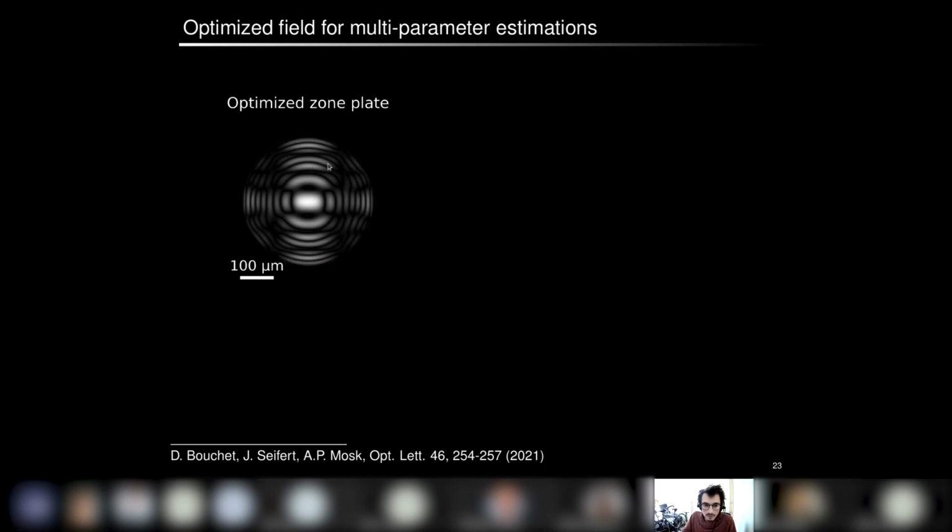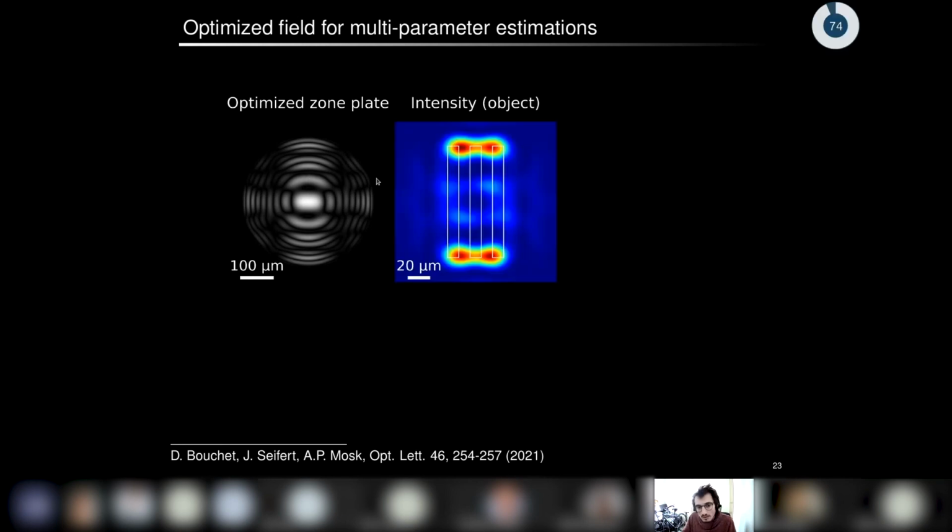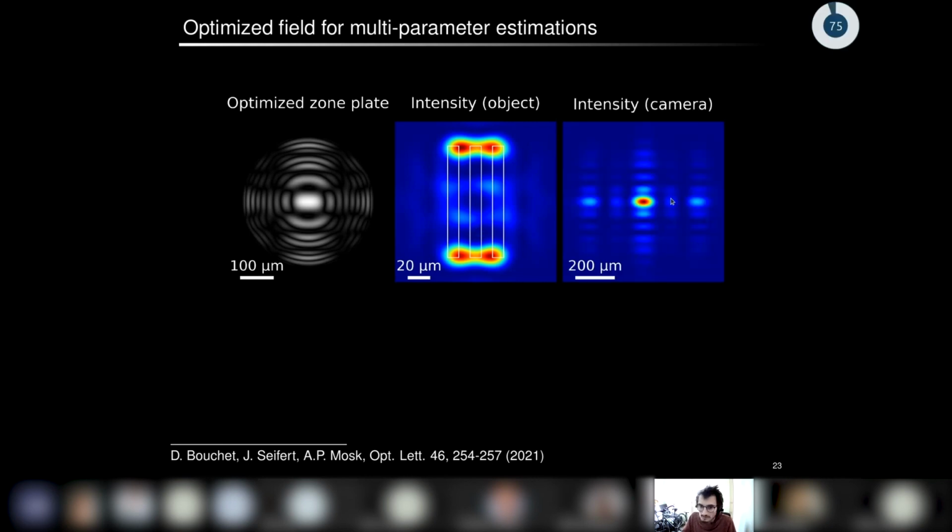So if you have a plane wave coming out from your laser, you can optimize a transmissive zone plate just after the laser for the Fisher information, and this is the pattern that the optimizer gives us. This is the resulting intensity in the object plane, with the different lines. You see that the algorithm tends to find a structure that focuses onto the edges of the lines. And this is the associated simulated intensity pattern detected at the camera.